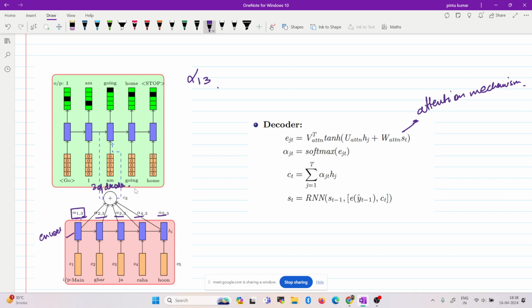Okay, so what should this depend on? If this is going from time step 1 of the encoder, then it should definitely depend on this particular vector, so it should depend on h1. And where is it going?